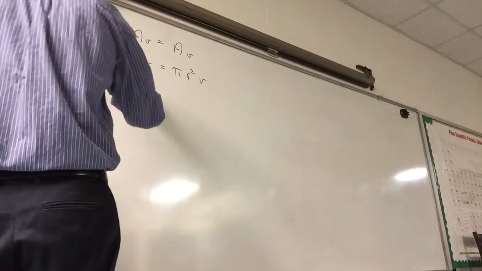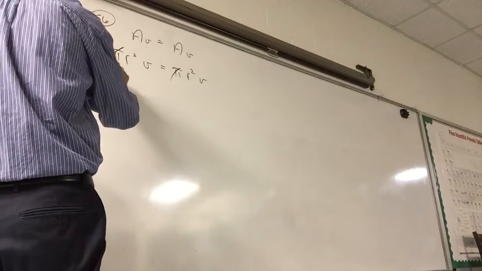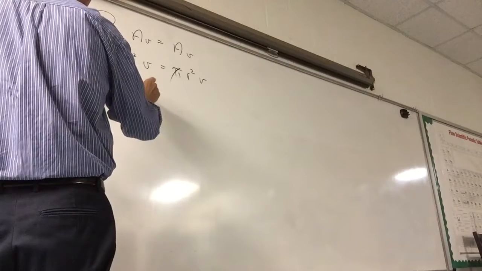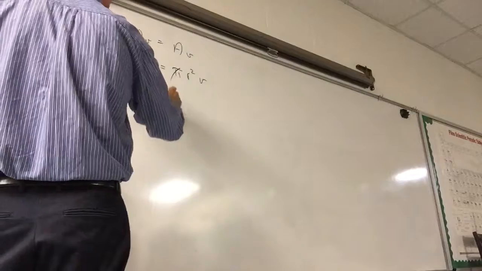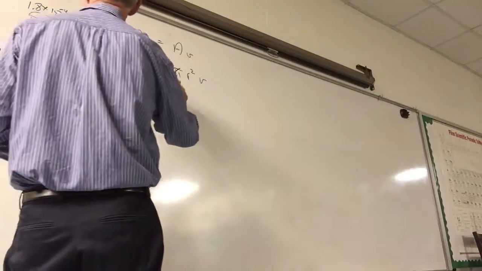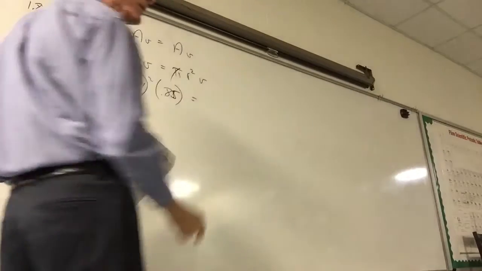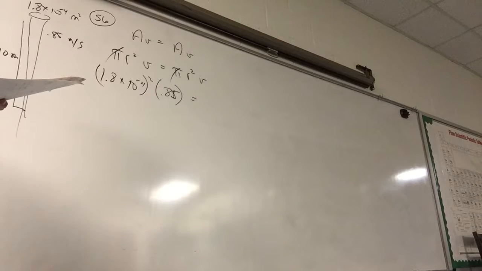The area is pi r squared. The pi's can actually cancel if you want them to. This first r was 1.8 times 10 to the negative 4th squared, because it's pi r squared, times v, and the v was 0.85, I think. I have a question. If 1.8 is the cross-sectional area, isn't that the diameter? Oh, it was, wasn't it?